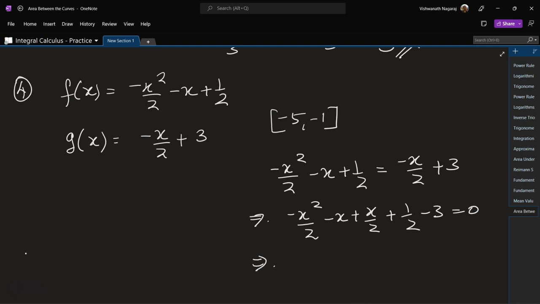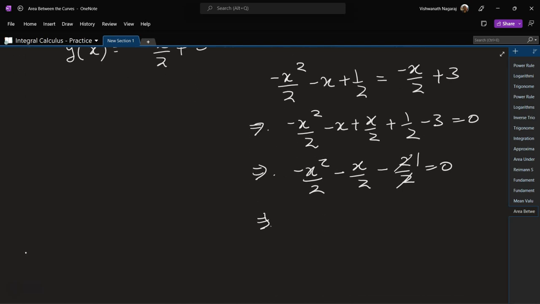Let's see whether we get any x values. Minus x square by 2 minus x by 2 minus 5 by 2 equal to 0. So 2 cancels, and we can actually take out the negative signs from each one of them. x square plus x plus 5 equal to 0.